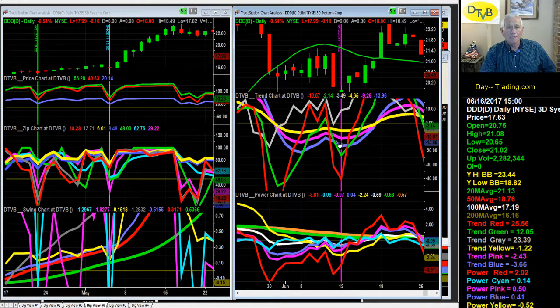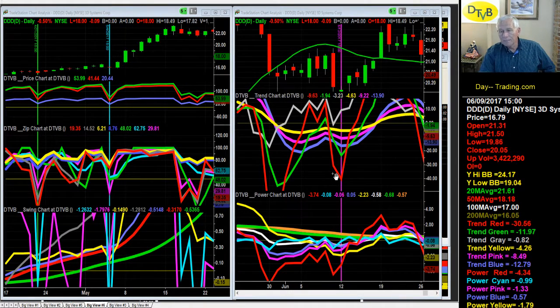When the trio is under zero, we then treat the down touch under the blue as clearing all of the indicator lines. So it does, just like it did today or 2 days ago, it started way up, trend red was at 14, and the next day trend red ended at minus 30.5, and so it dropped 44 points.